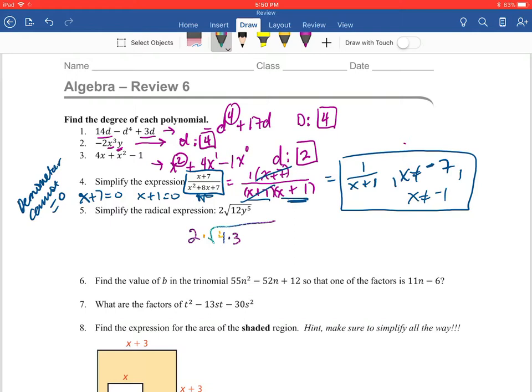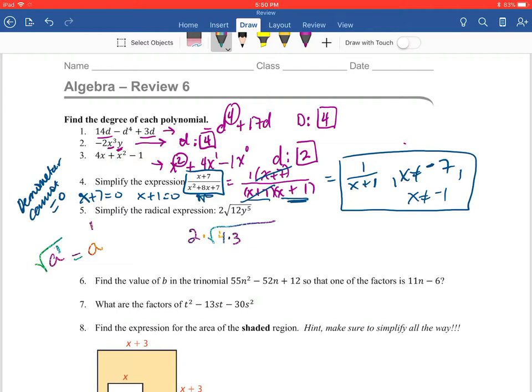And then y to the 5th, I'm going to rewrite that because, remember, when I have the square root of a radical, this index number, when it's the square root, is 2. So when I rewrite this in exponent form, this is going to be a to the 1 over 2.